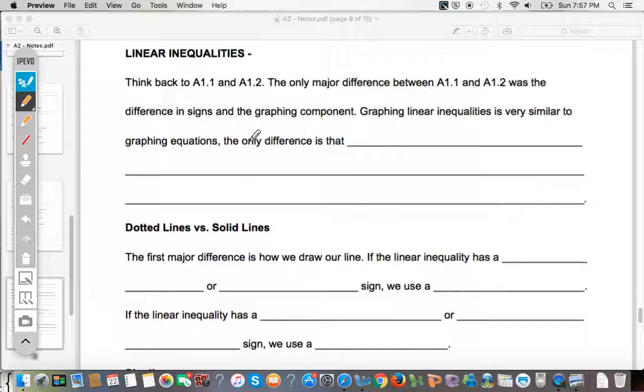The only difference is that there is a shading component as well as a difference in lines, depending on the situation.